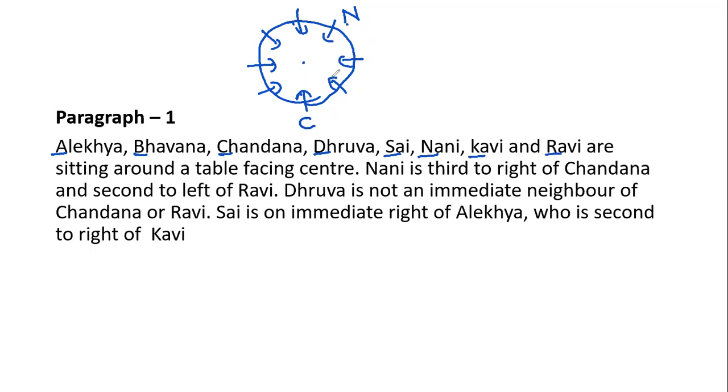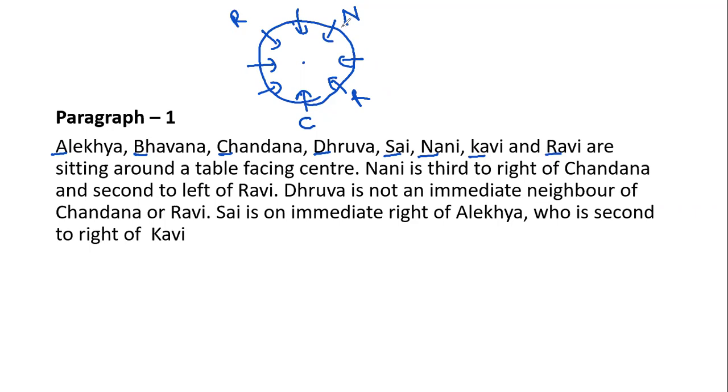If you have a doubt, you can cross check by placing Ravi in two positions. Ravi I am placing here and Ravi I am placing here. So look at this position. If Ravi is here, this is Ravi's right side and this is Ravi's left side. If Ravi is here, Nani is first and second. Second right or second left?